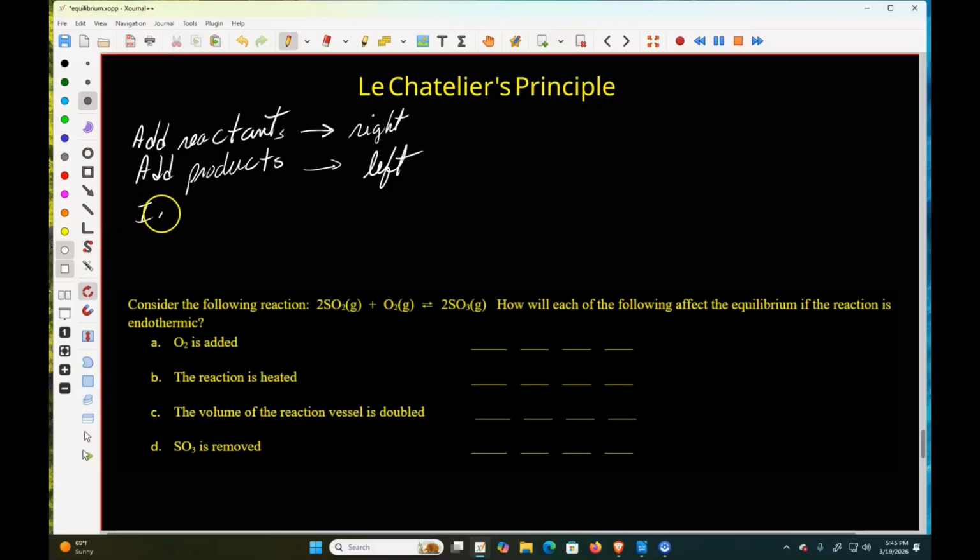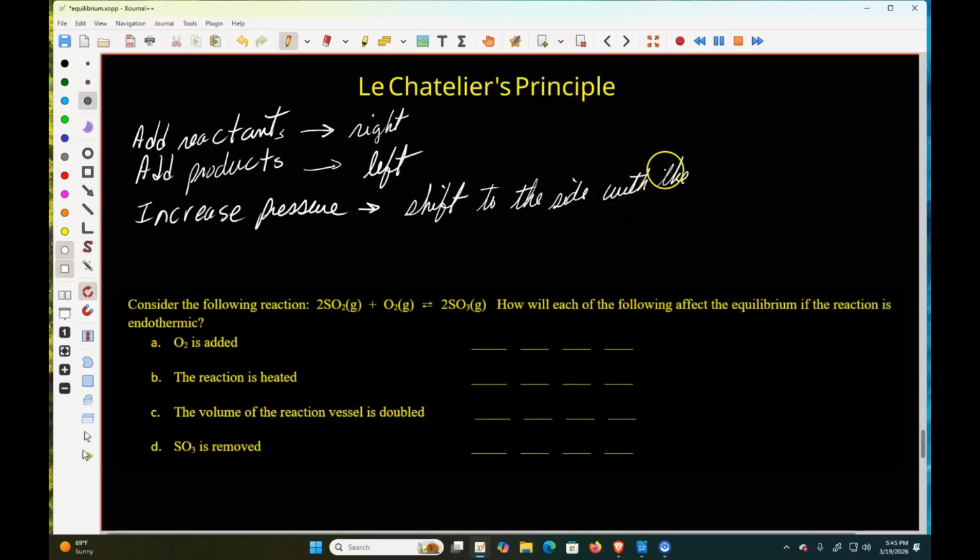If I increase pressure, it's going to shift to the side with fewer gas molecules. It's important that you specify gas molecules there.